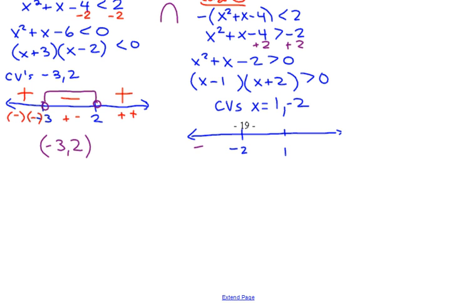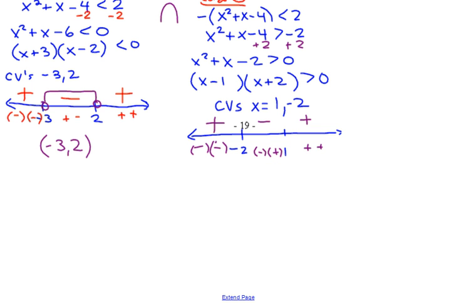Negative 3 plus 2 would be negative. Two negatives, positive. Because it's a quadratic, negative, positive, you can check your answer. I could use 0, a negative times a positive, and then here will be a positive times a positive.